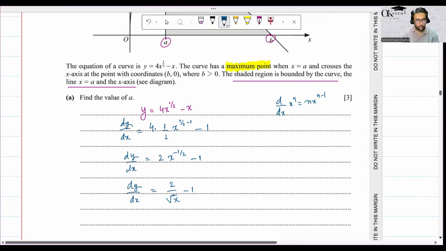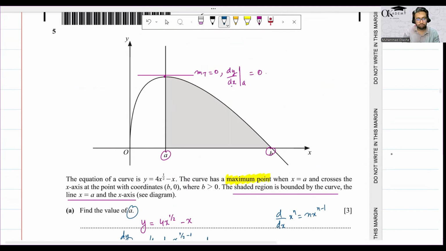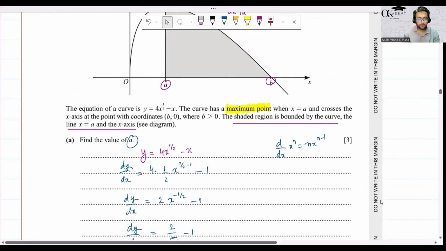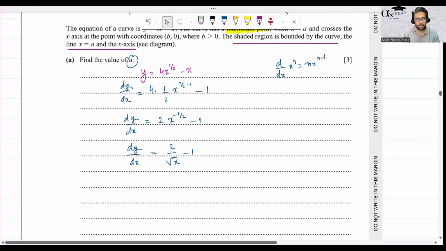Now, at x equals a, we know that the gradient of the tangent is 0. So I could just write at x equals a, dy by dx equals 0. Right? So for dy by dx, I'm going to put a 0, and instead of x, I'm going to put a.